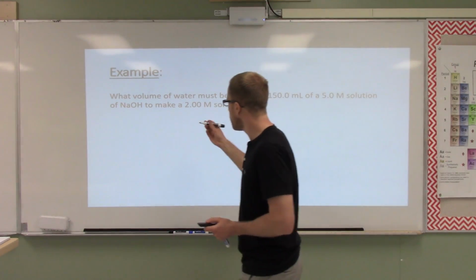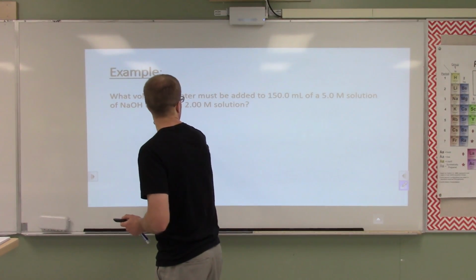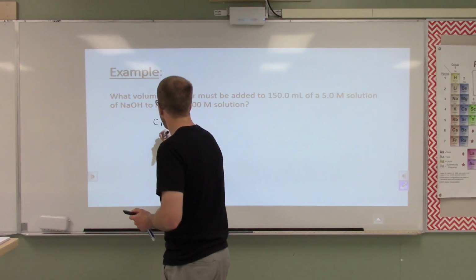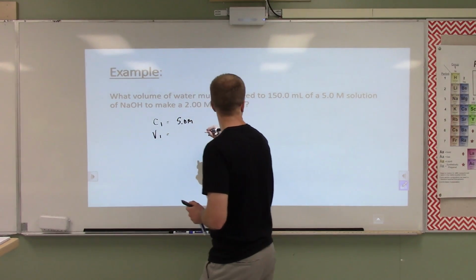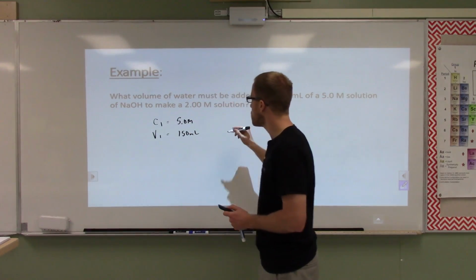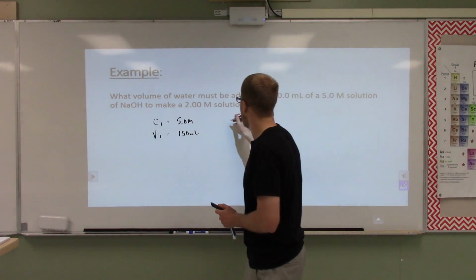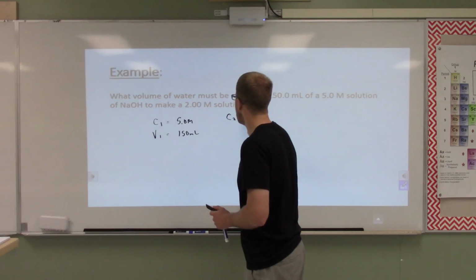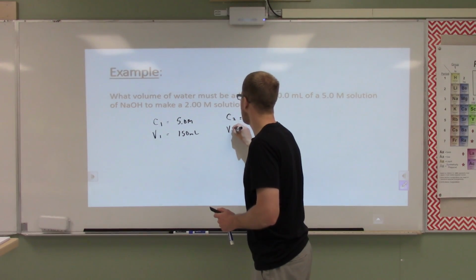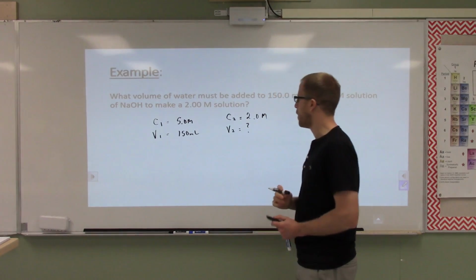We know initially that our concentration is 5 molar, our volume initially is 150 milliliters, our final concentration is going to be 2 molar, and our final volume is what we are looking for.